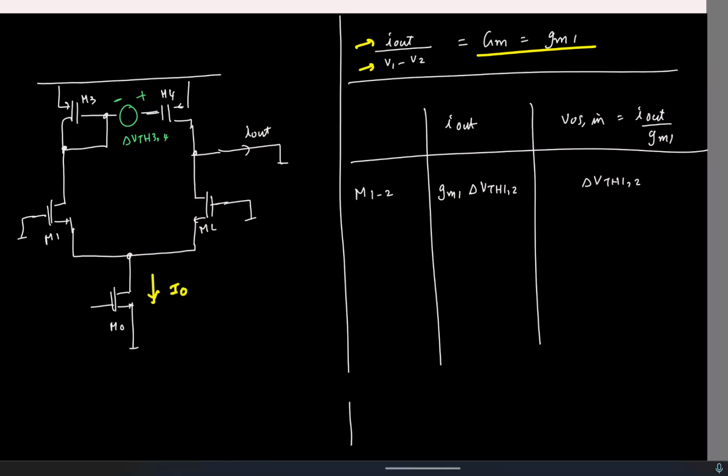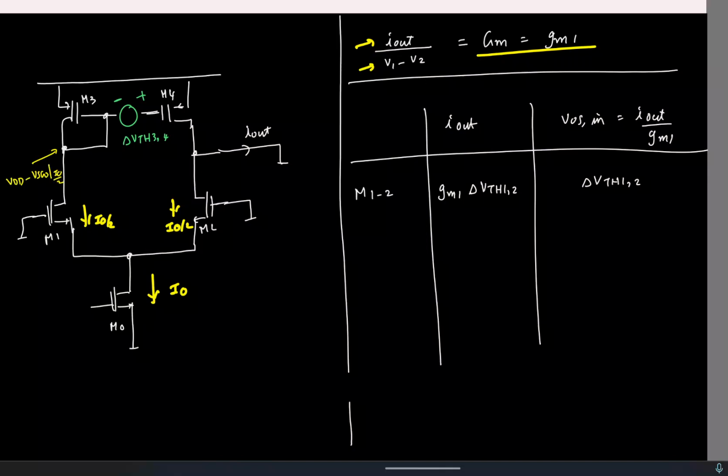This is the quiescent current I0. Again, this current is going to split equally like this, right? So what will be the quiescent voltage here? Source to gate voltage of the transistor at I0 by 2. Okay.